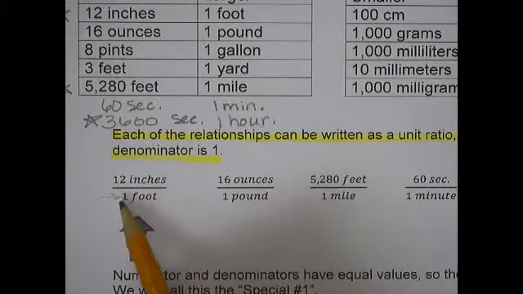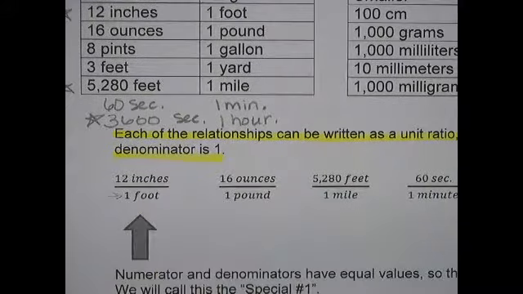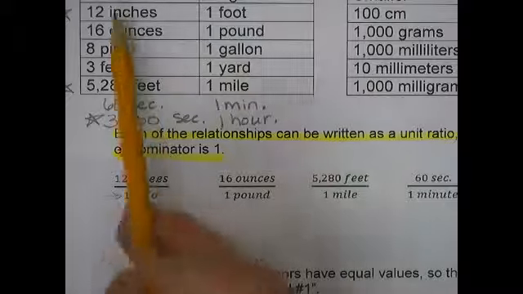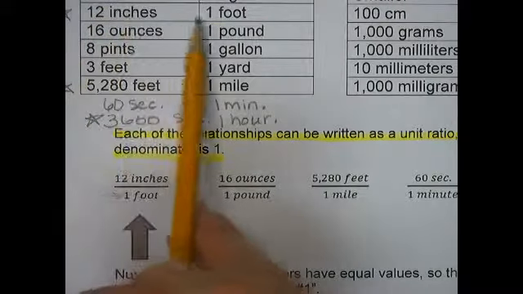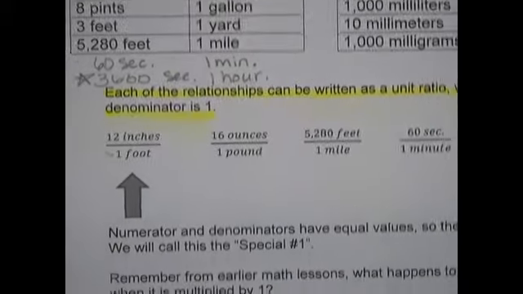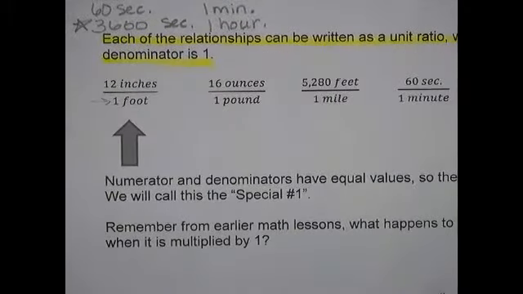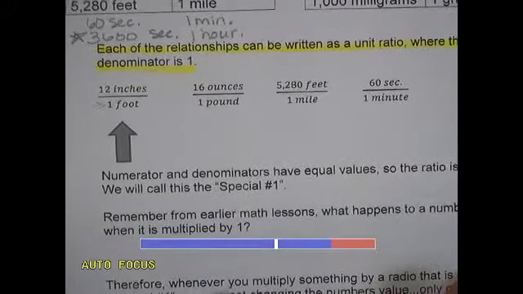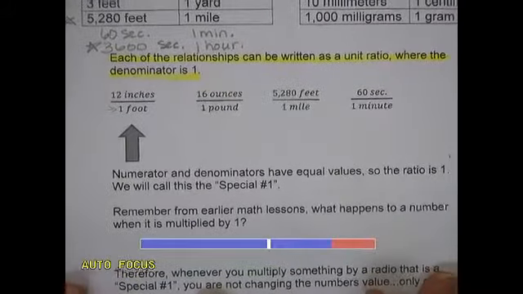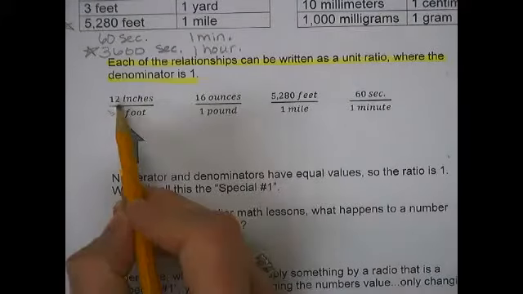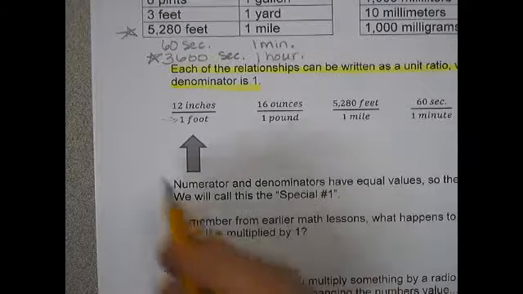But if you look at the table and you use a little common sense, why did I pick 12 inches over 1 foot? Well, notice that 12 inches is exactly the same from up here as 1 foot. They're equivalent. If you remember from earlier in math lessons, or actually, let me backtrack a minute.